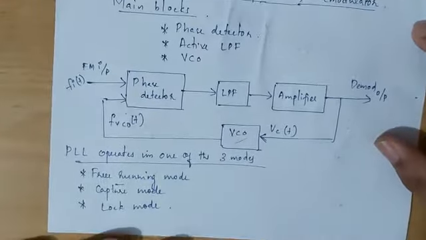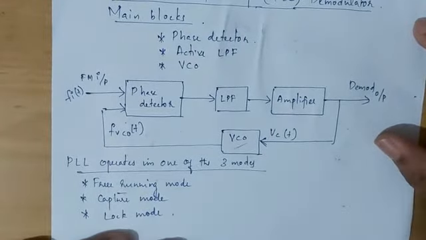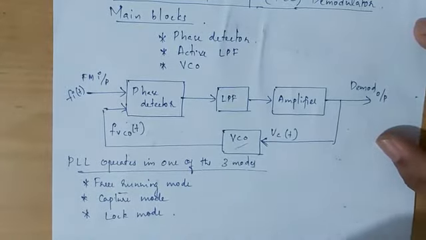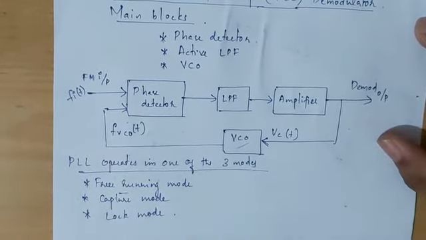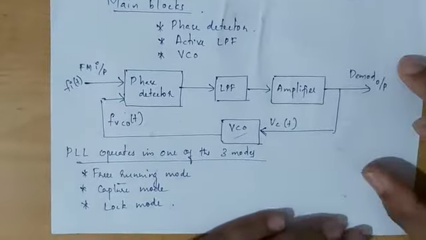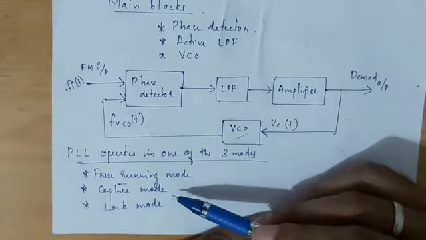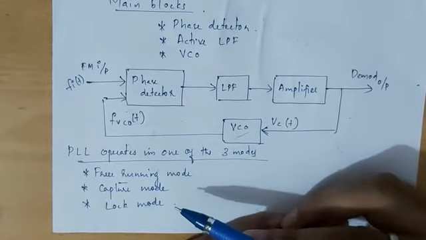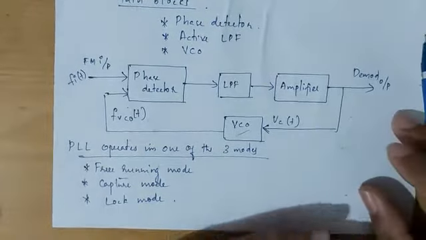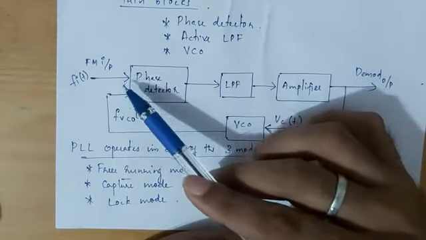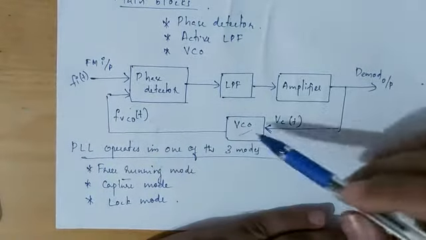Now, generally PLL operates in three modes. These are, the first one is free running mode, the second one is capture mode, and the last one is lock mode. Whenever we are not giving any input to the phase detector, the PLL operates in free running mode.